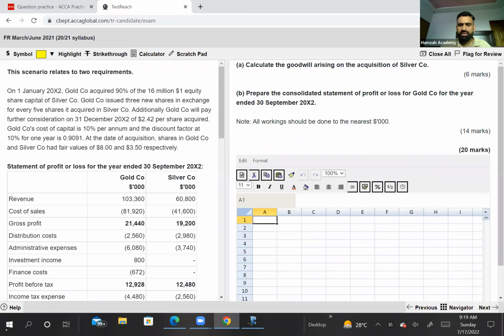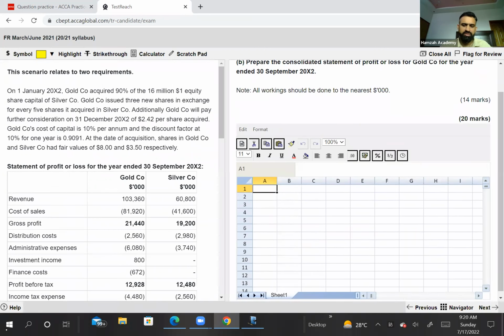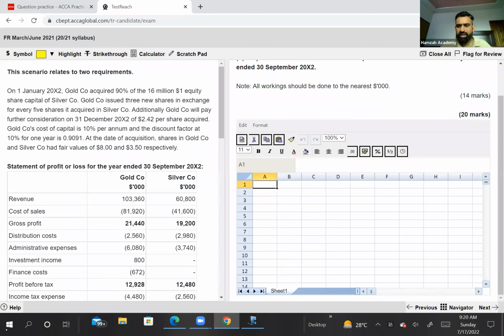The next question is on consolidated financial statements. We have to prepare the consolidated financial statement, and for that purpose we have a spreadsheet, an Excel sheet, in your exam to answer this question.